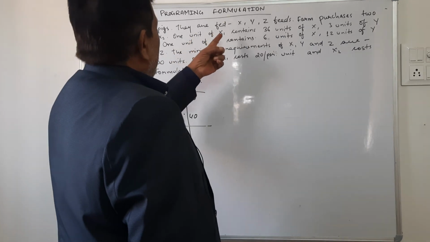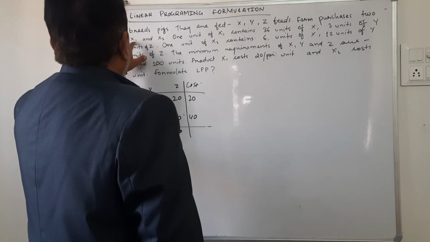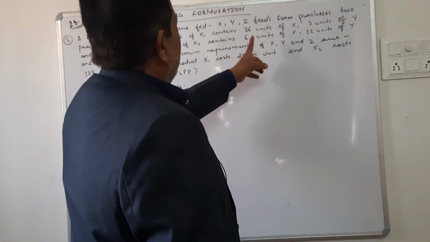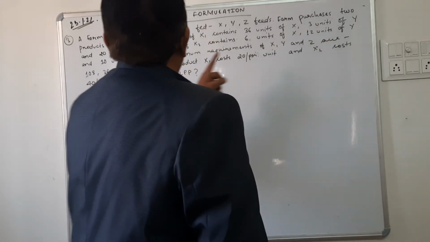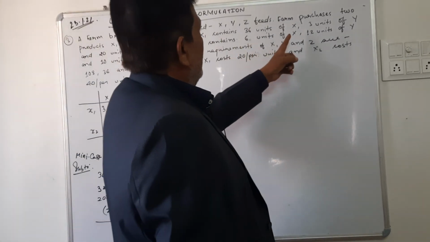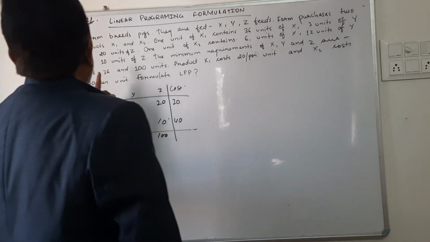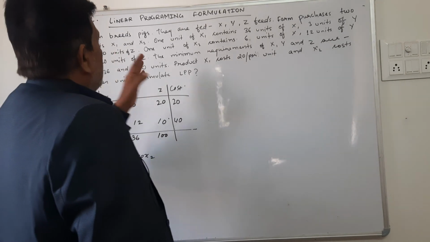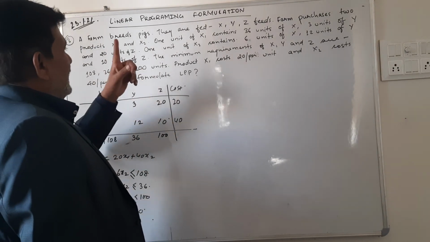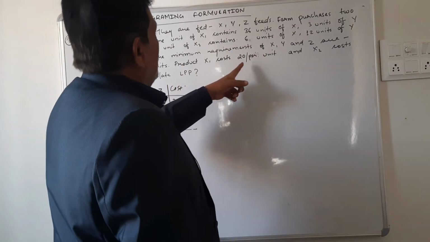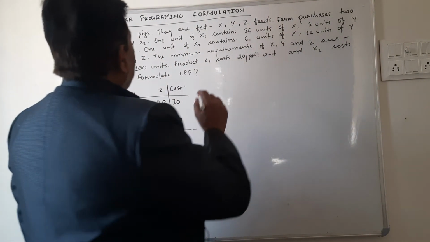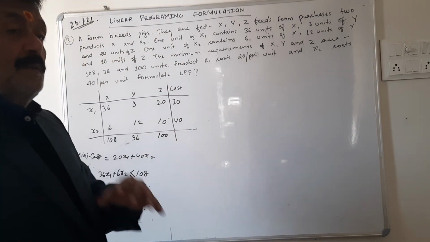Now these two products x1 and x2 contain x, y, z feed. 1 unit of x1 contains 36 units of x, 3 units of y and 20 units of z. 1 unit of x2 contains 6 units of x, 12 units of y and 10 units of z. The minimum requirements of x, y, z are 108, 36 and 100. Product x1 costs 20 per unit and product x2 costs 40 per unit. Formulate the LPP. Definitely, since cost is here, we are concerned with a minimization problem.